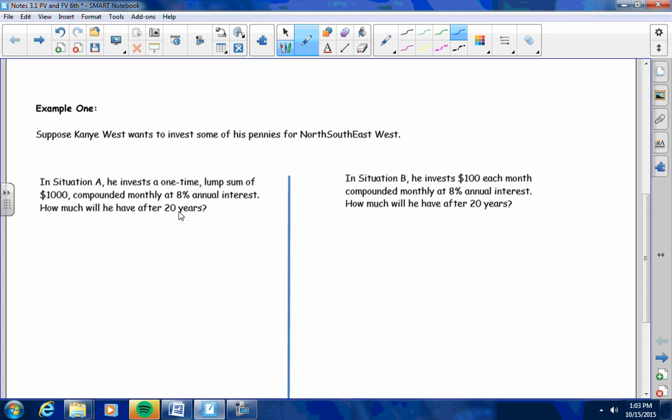Okay, so is that using one of these formulas? No, it's using the formula that we just learned, okay, of compounding interest. So the compounding interest formula, A equals his initial amount, the lump sum of 1,000, times 1 plus his rate of 0.08, divided by its compounded monthly, so that's 12, raised to the power of 12 times 20.